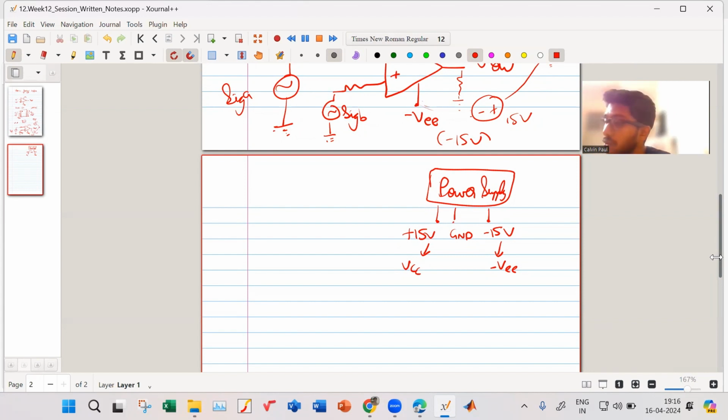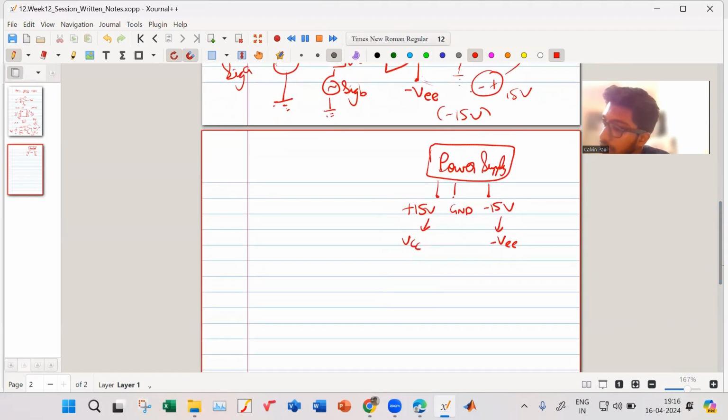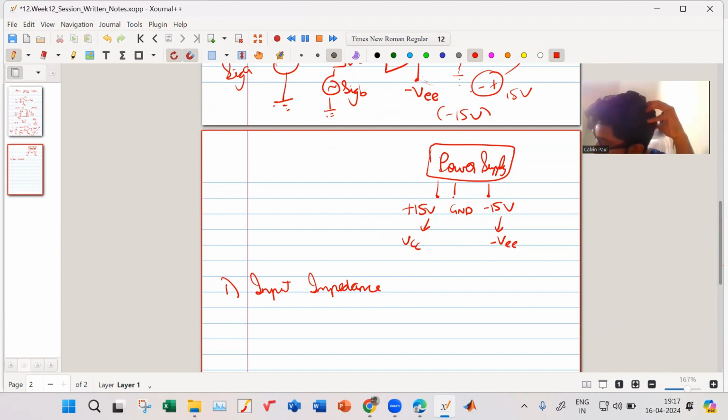Okay. So now we have to consider one thing. What is the input impedance of your op-amp? How much is it? Infinite. Input impedance is infinite. It tends to infinity.